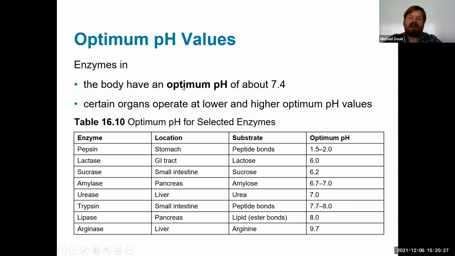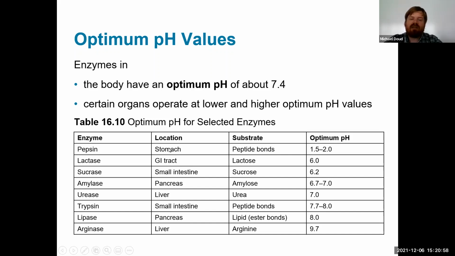So enzymes in the body have an optimum pH of around 7.4, but again, certain organs can be different. Pepsin, which I mentioned in the stomach, catalyzes the breaking apart of peptide bonds, and it works best in a very acidic environment, a pH of 1.5 to 2.0. Lactase, on the other hand, is in the gastrointestinal tract, where we take apart lactose, and its optimum pH is around 6.